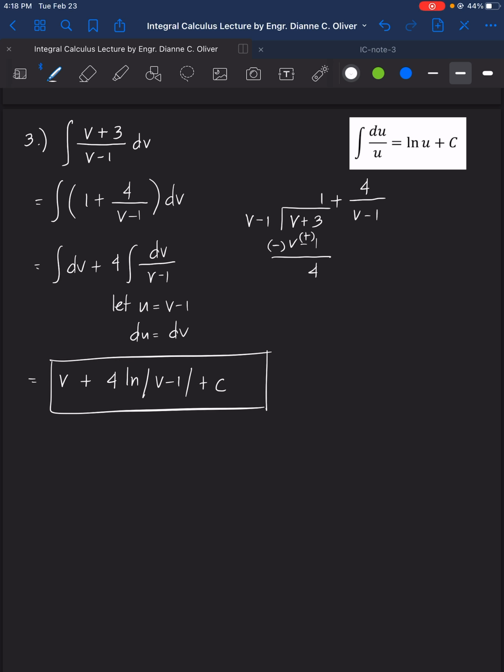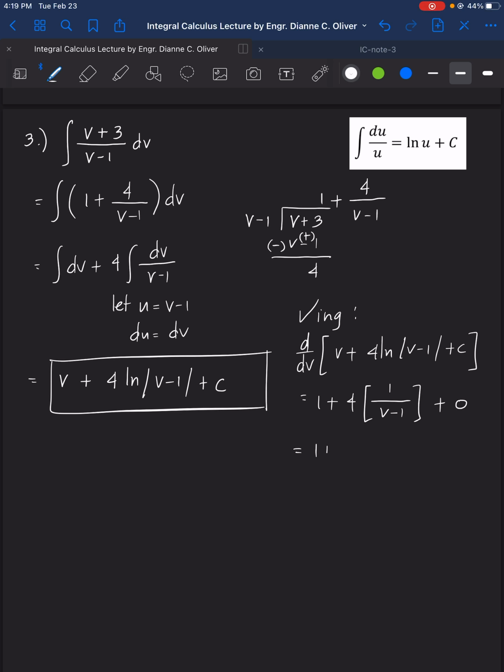Now let's do some checking by differentiation. The derivative of the answer, v + 4 ln|v - 1| + c, is equal to the derivative of v, which is 1, plus 4 times the derivative of ln(v - 1), which is the derivative of (v - 1), 1, over v - 1, plus the derivative of the constant c, which is 0.